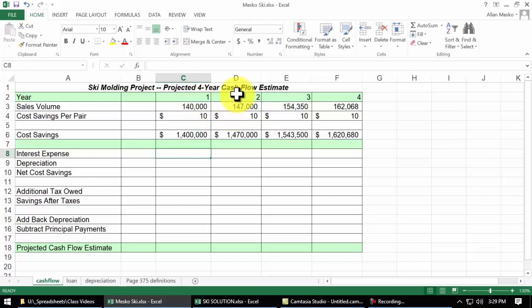In year 2, we're going to start with period 13 and end with period 24, just the 12 months in year 2. In year 3, we're going to start with 25 and end with 36. And in year 4, we're going to start with 37 and end with 48. There's 48 periods, and we just want to know what's our cumulative interest during these first 12, the next 12, the next 12, the next 12.